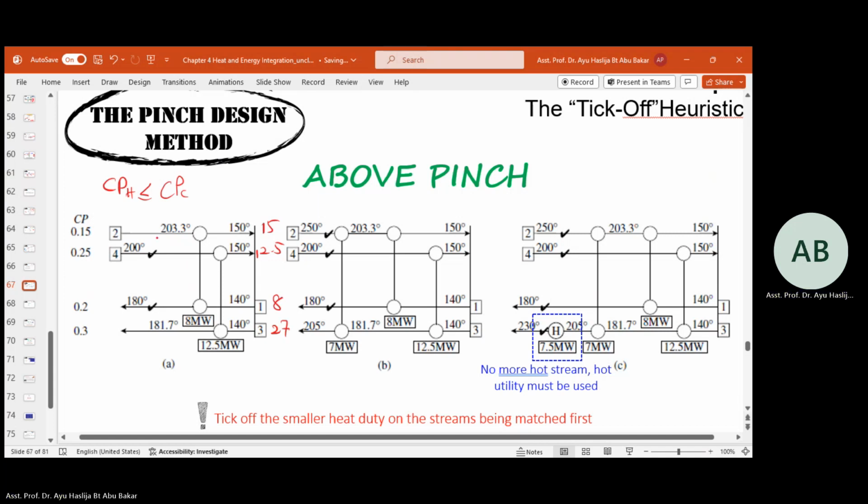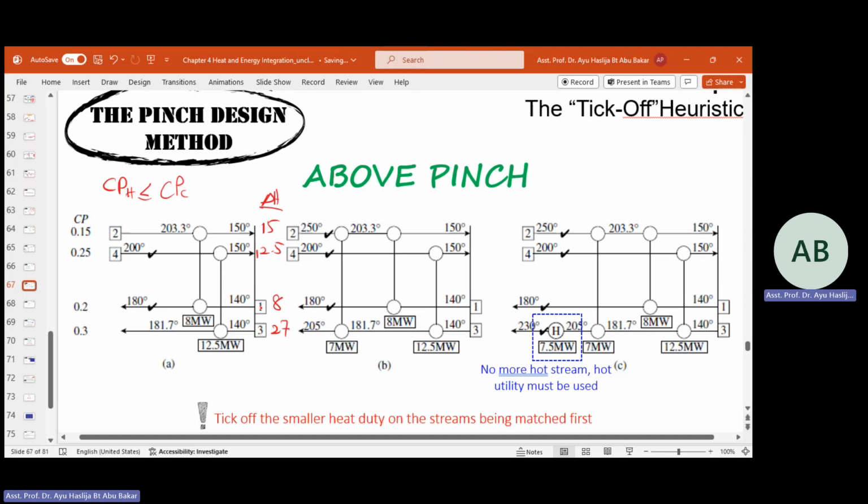Hot stream gives out the heat to cold stream. So stream 2 gives out the heat to stream 1. How do we know how much heat, how much delta H, to be given away? We see the delta H for each stream.